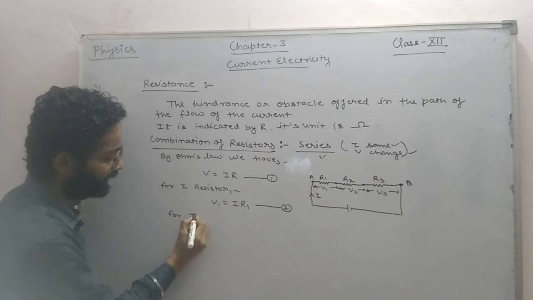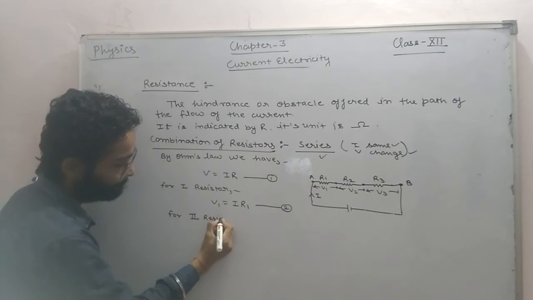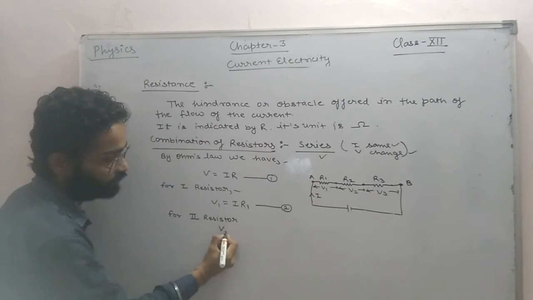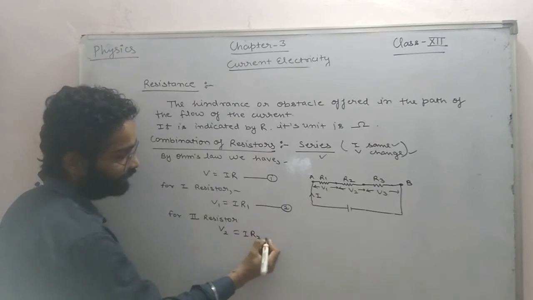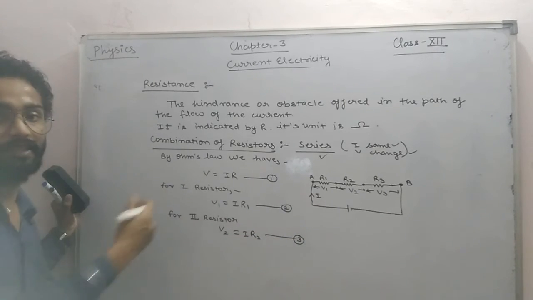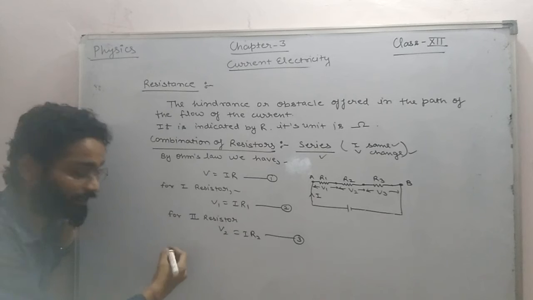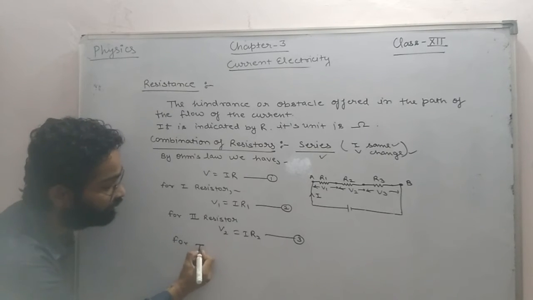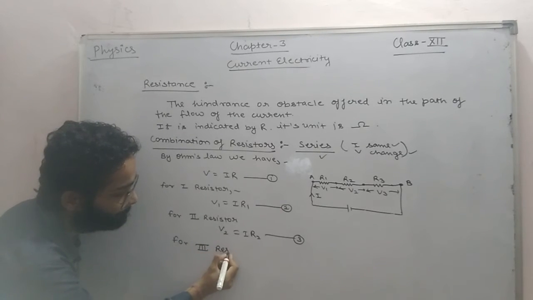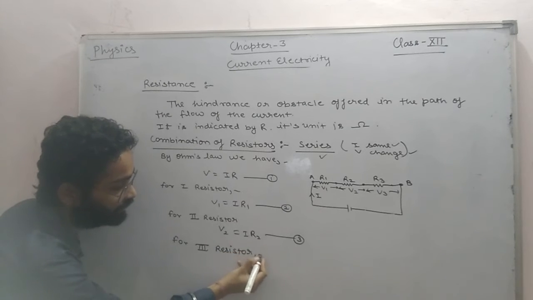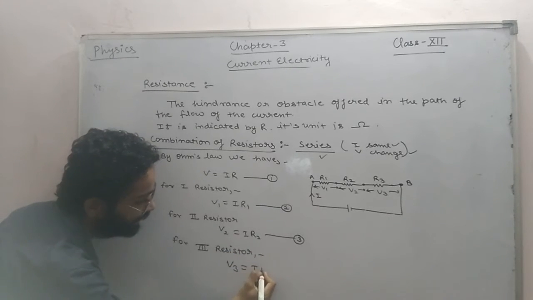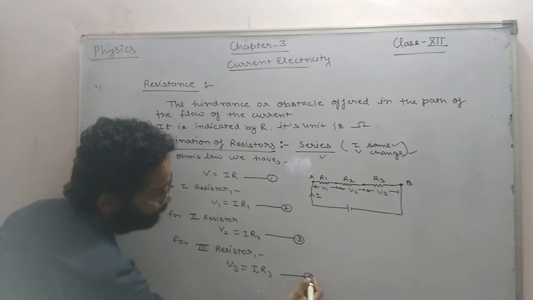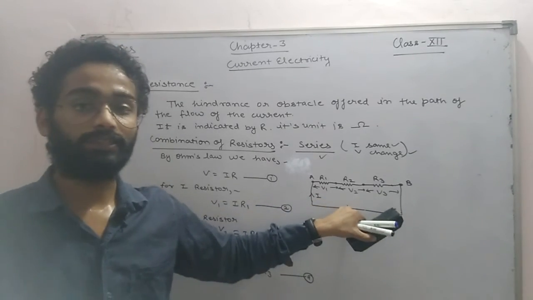For the second resistor, V2 can be written as I R2. This is equation number 3. For the third resistor, V3 can be given as I R3. But from where are they getting the voltages?